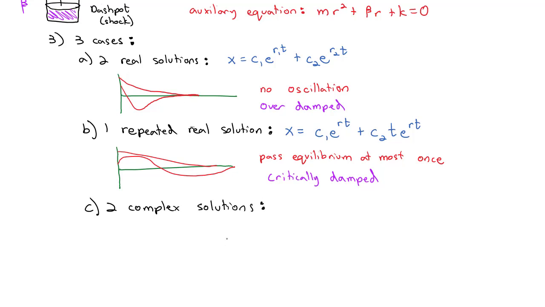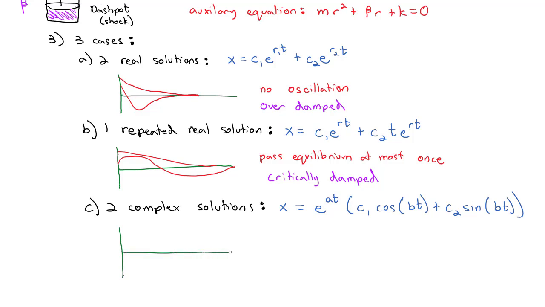And we know with the two complex solutions, that's of the form x equals e to the at, where a is the real part, c1 cosine of bt, where b is the complex part, plus c2 sine of bt. And if this is the case, the dashpot does not have enough absorption to absorb the entire vibration all at once.